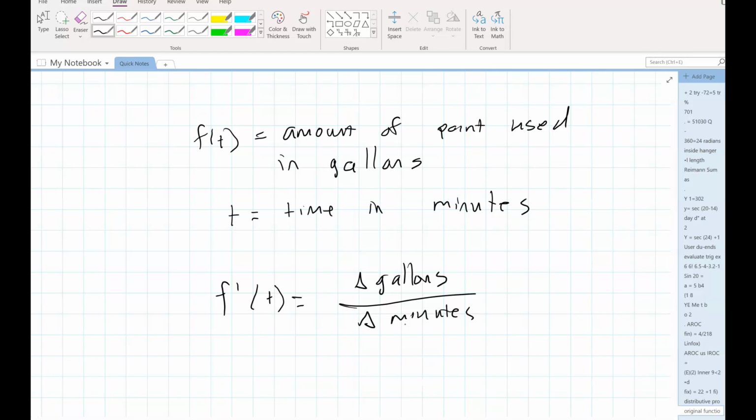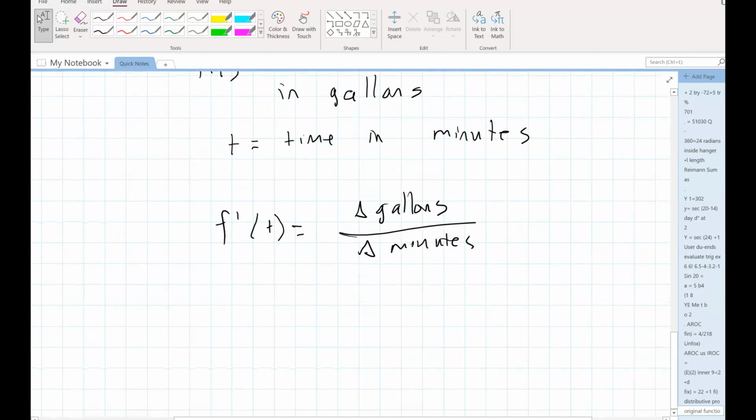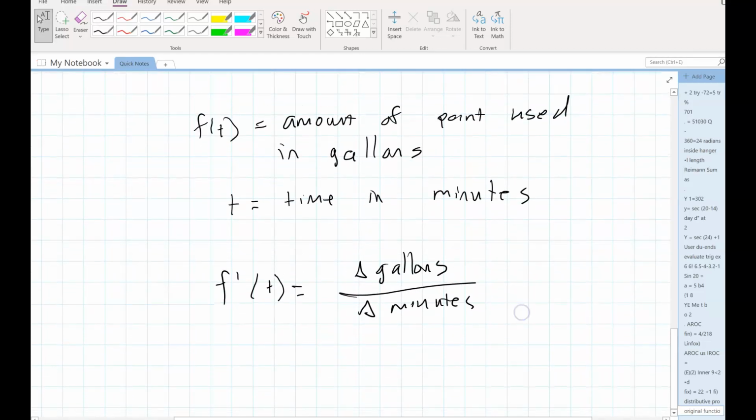So that would be something like the rate of paint being used, like how fast the paint's being used. That's what the derivative would be. Just thinking about the minutes, because this is gallons per minute, would be a way to say this. That helps you to see that that's what the derivative means.